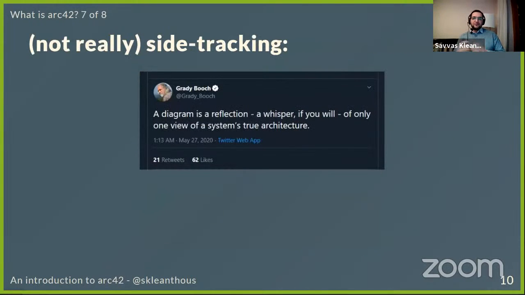Now, finally, just as a wedge that I would like to mention, because this is something that I'm seeing especially nowadays with a lot of companies that are not really making an effort on the documentation side of things, but instead keep a set of diagrams around. The problem is, as Grady Booch says in his tweet, that a diagram is simply one perspective of the system.